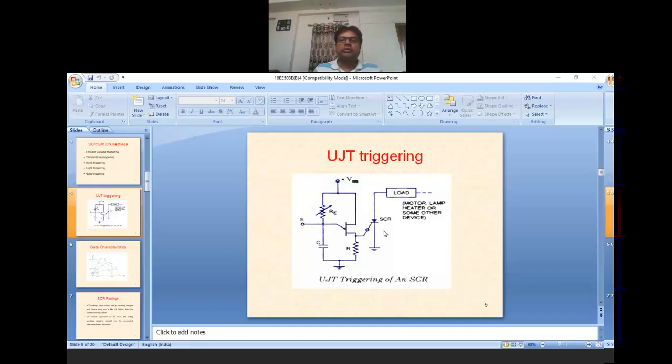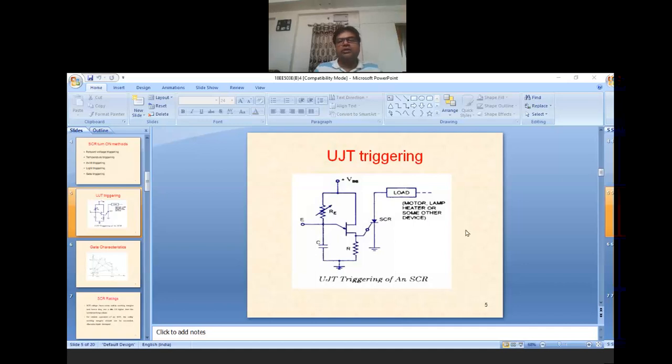This is how UJT triggering works, which is automatic, and we can conveniently tune the conducting times of the SCR to sync with the switching frequency of the SCR. This is very useful and flexible, and you can also program it by the hardware, that is, by simply adjusting the resistance value R E to suit the requirements of the SCR turn on times.